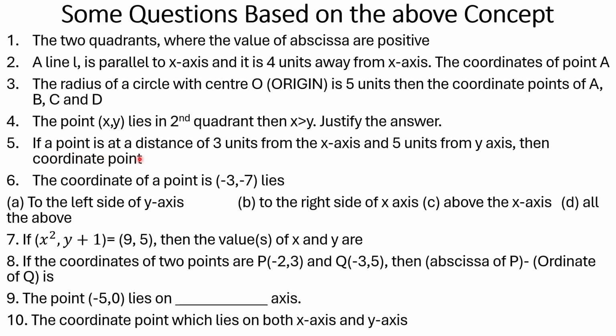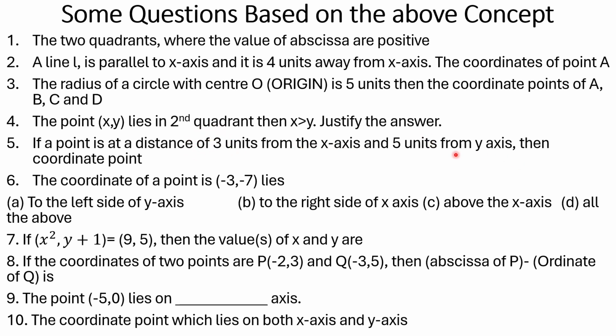If a point is at a distance of 3 units from the x-axis and 5 units from the y-axis, then what is the coordinate point we are asking about? So listen, a point at a distance of 3 units from the x-axis, that means this is my ordinate.